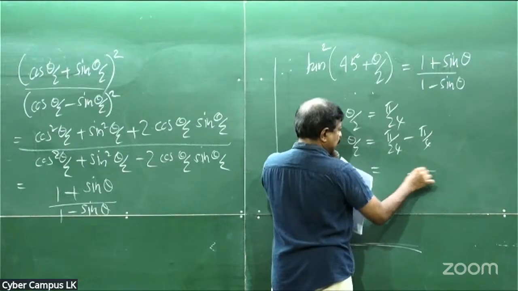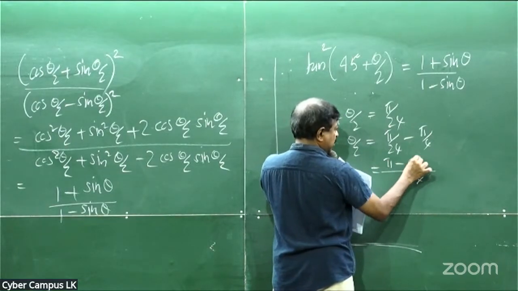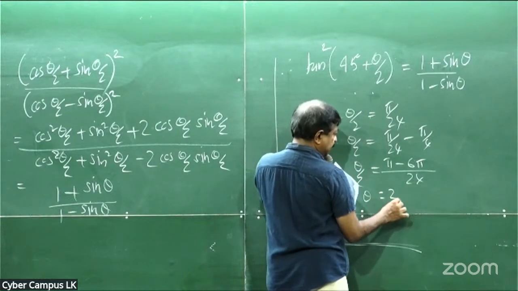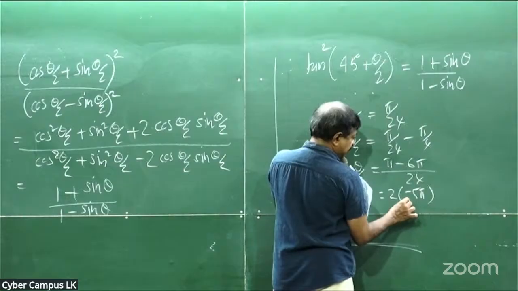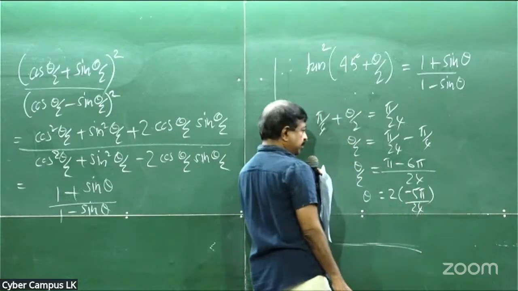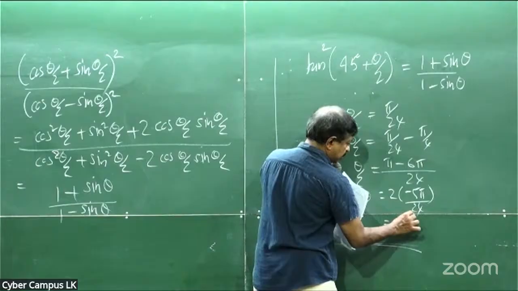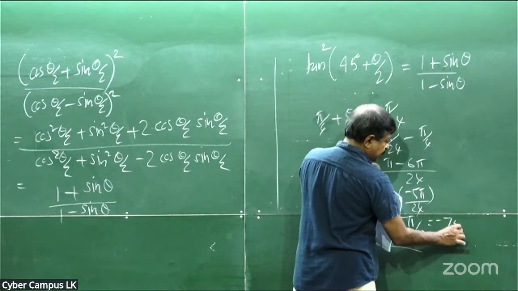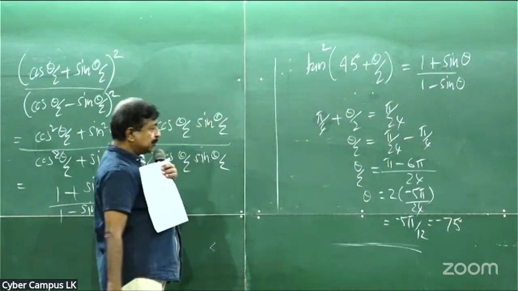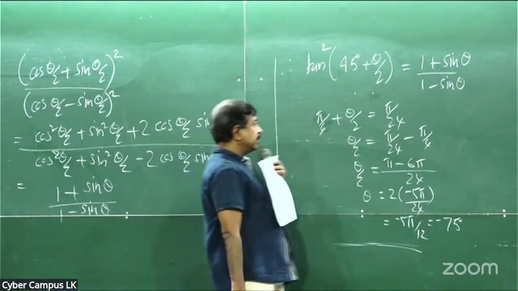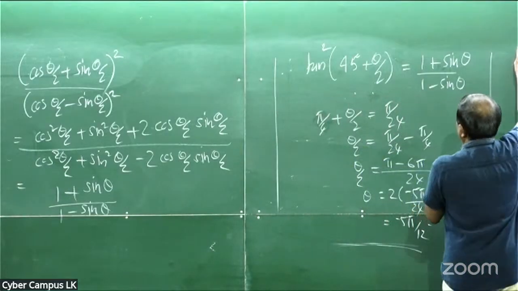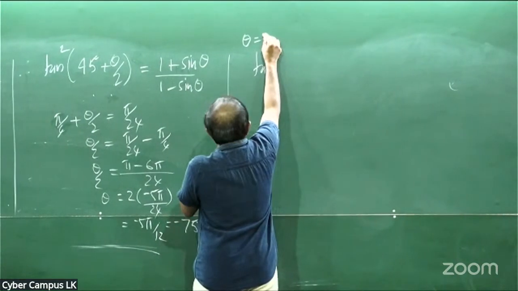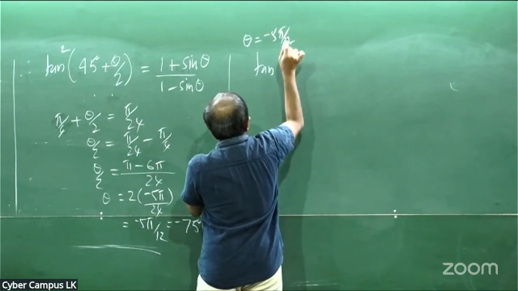So if you find this, 24 is the common denominator. So theta is 2 times minus 5 pi over 24. That is 75. So we have to choose minus 75 for theta.